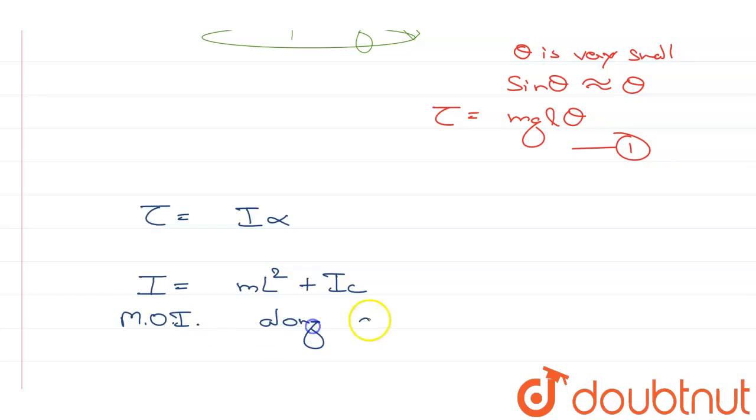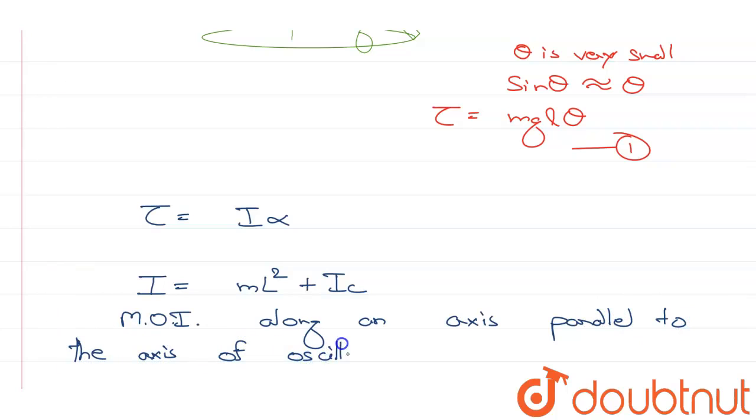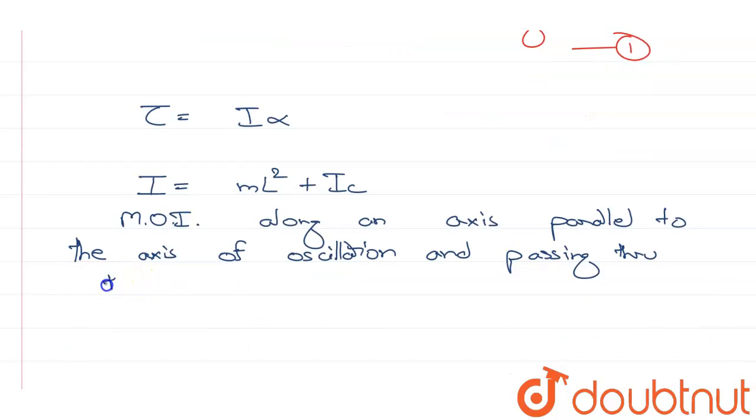along an axis parallel to the axis of oscillation and passing through the center of gravity.